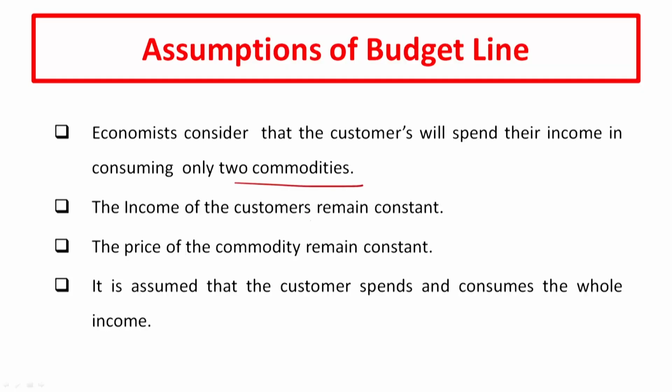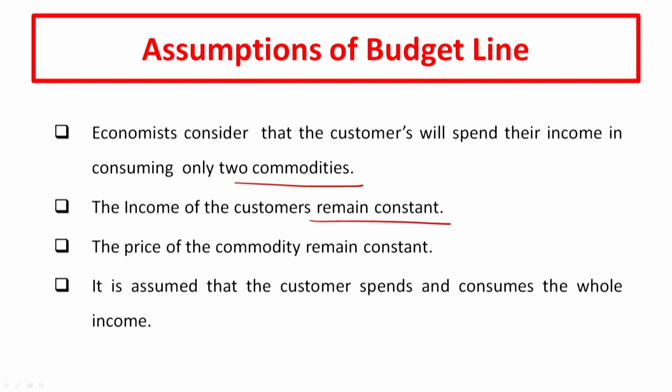Income of the consumer remains constant. It is not going to change. So, you have to manage your expenditure within the income you have. Next, the price of the commodity remains constant. The individual consumer is not good enough to influence the market price.